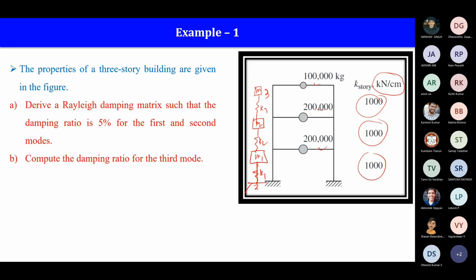Okay, so just one question. Do we need to find the mode shape or not to solve this problem? Obviously we need the frequency, as someone just told. Do we need to calculate the mode shape or not? Is it required for this present problem?